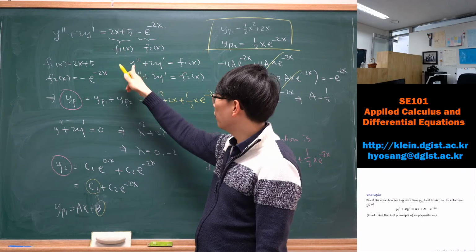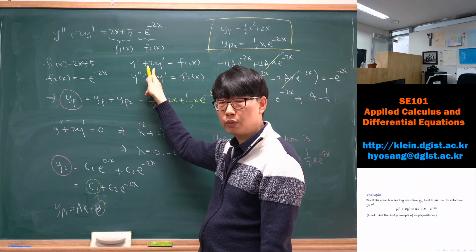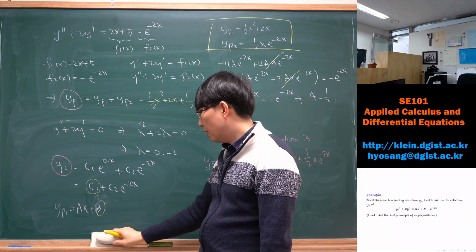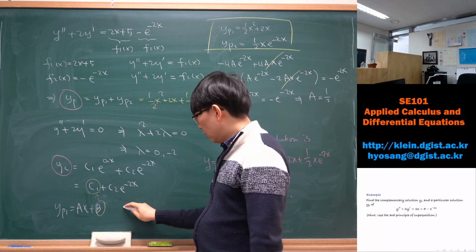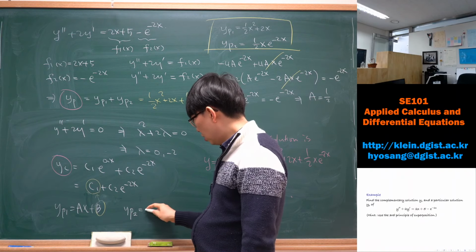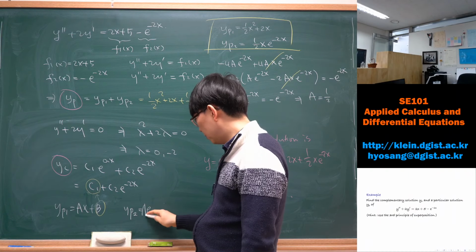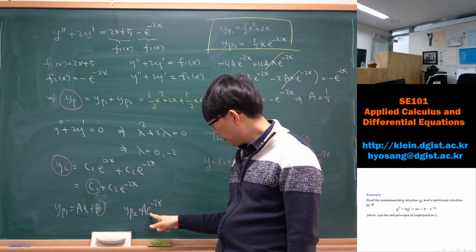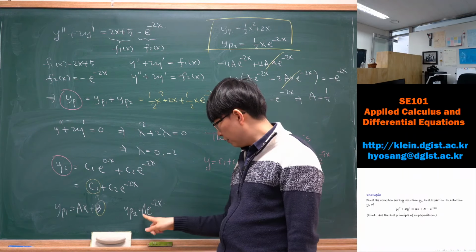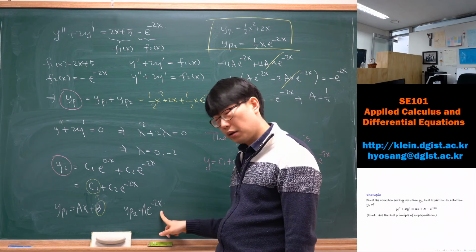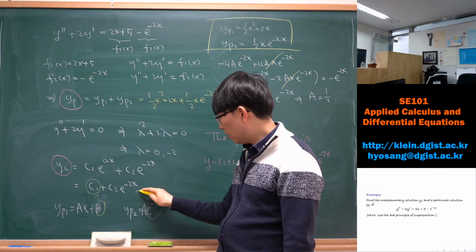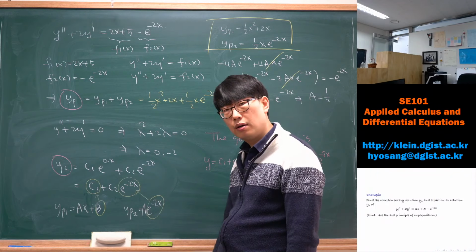So for solving the particular solution of a second order differential equation, also, if you're looking at the second particular solution, our first guess of the second particular solution, I started from a times e to the negative 2x, and e to the negative 2x already appeared in here.